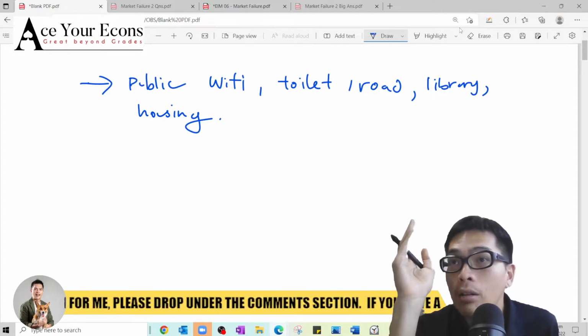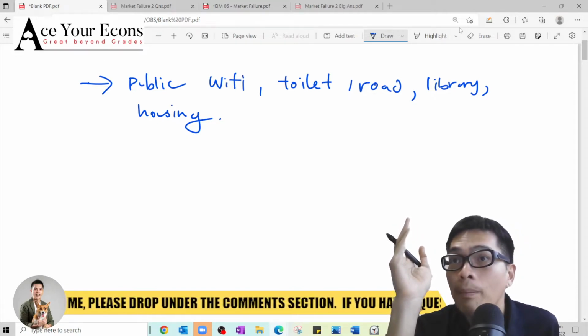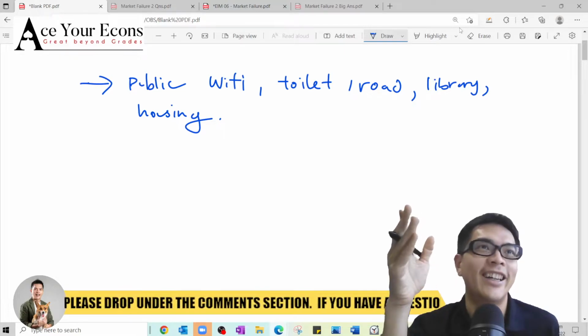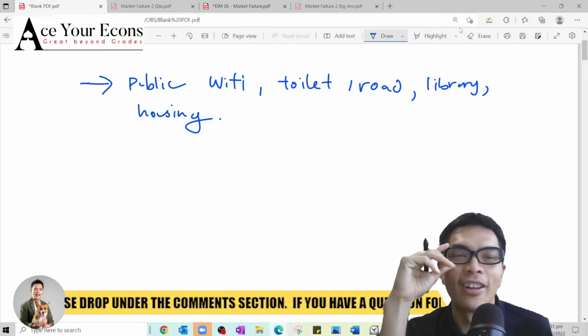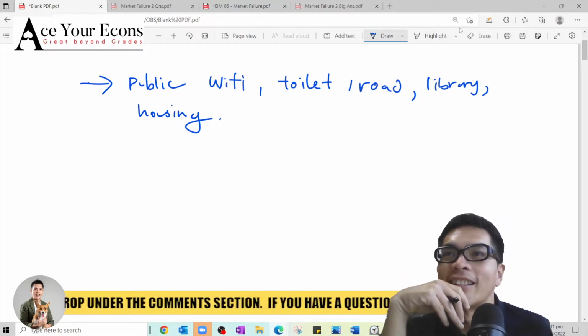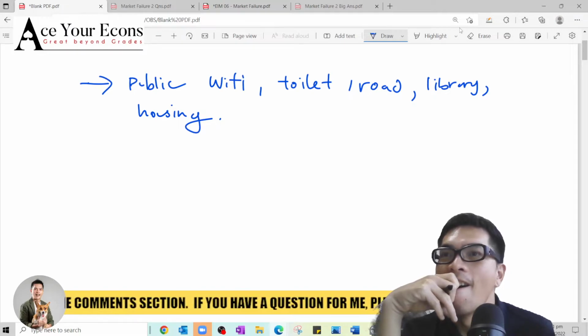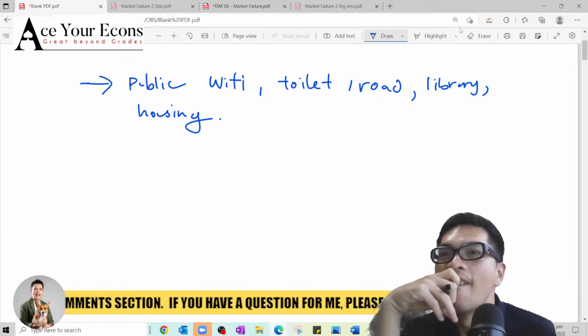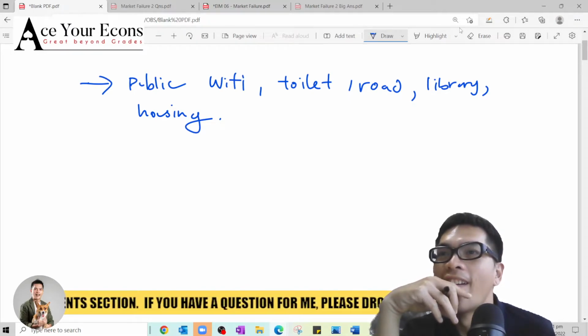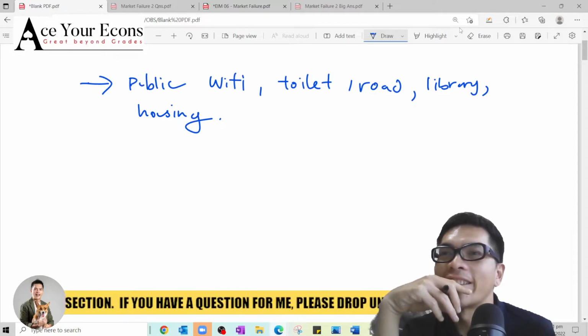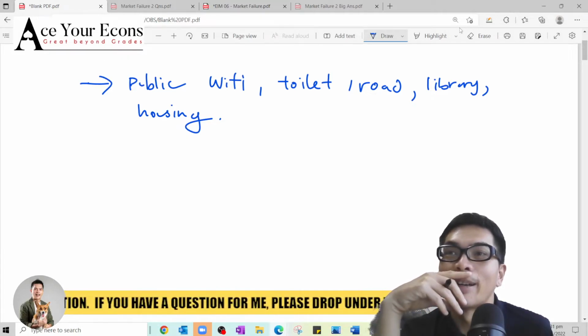Now, what about public toilets? Is a public toilet a public good? Okay, someone brought up that there is a limited number of toilet seats.